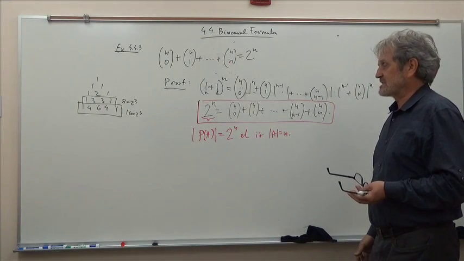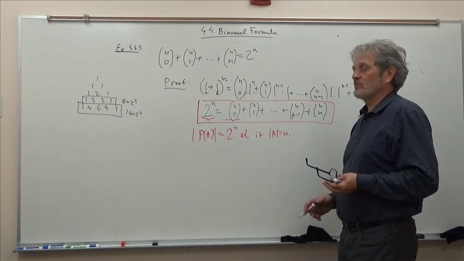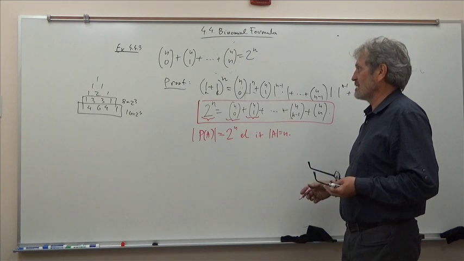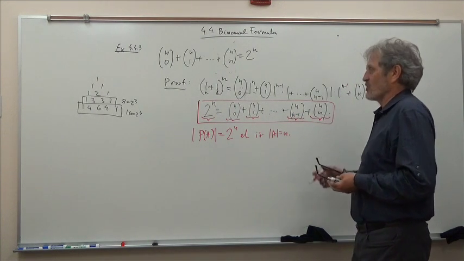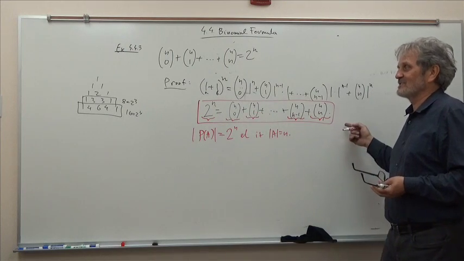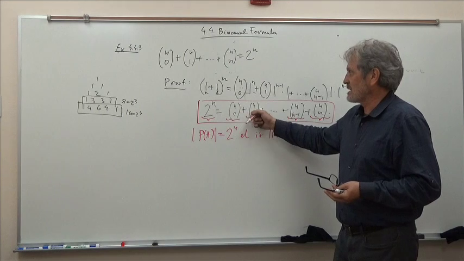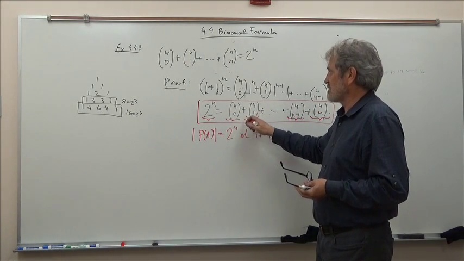So if I choose subsets, what can I choose? I can choose subsets that have no elements, which is just the empty set, or those that have 1 element, or 2 elements, or n minus 1 elements, or all n. So this gives us the total count. So this is the total count of all the subsets, and these are subsets according to the size. These are those of size 0.